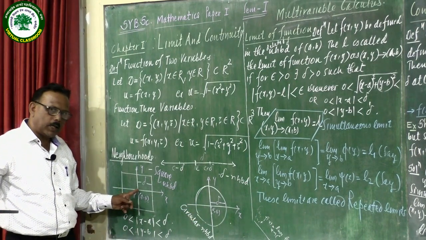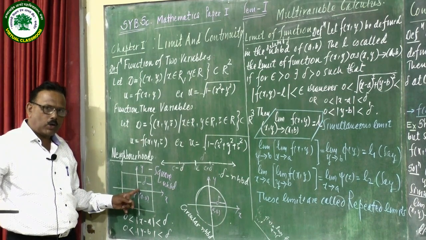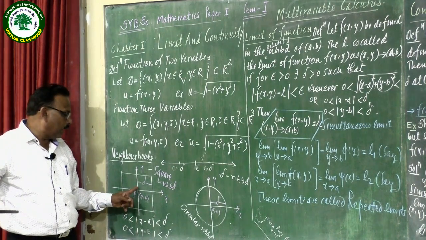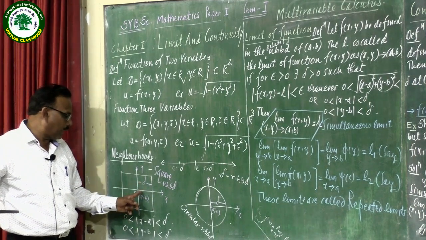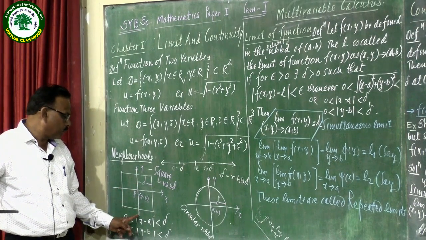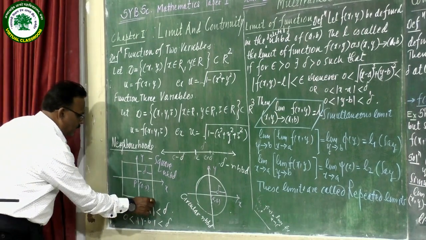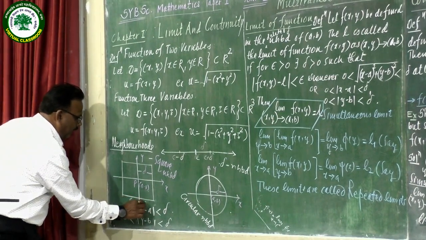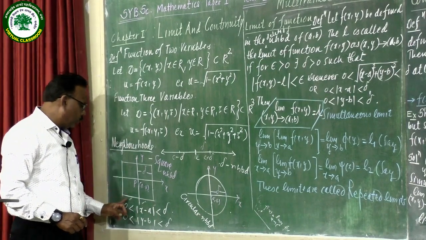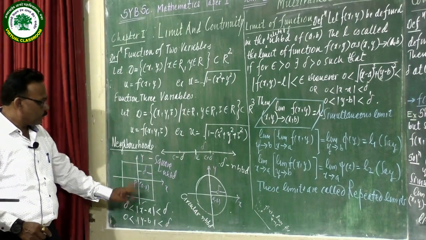Square neighborhood means while you are considering point AB, from this point AB we have to consider all these points or all these interior parts or boundary parts, or so all that points which are delta distance away from AB having distance delta, that means on right hand side delta, in upward position it is delta distance, in left hand side also delta, in downward position, that means edge of this square is 2 delta, here delta, therefore delta plus delta 2 delta, that means each side having length 2 delta, that means all these points which are interior points of the square, this is square neighborhood of this point AB.